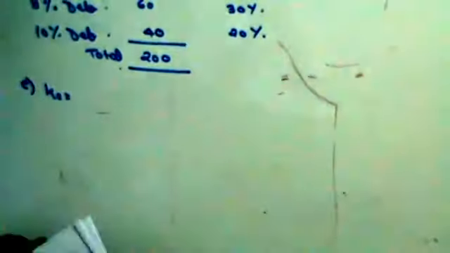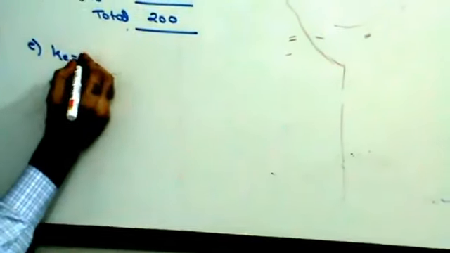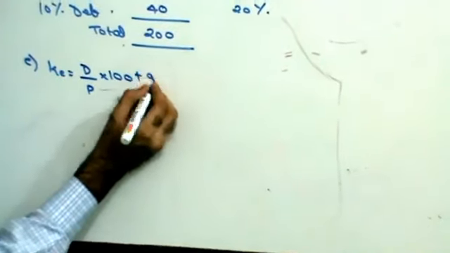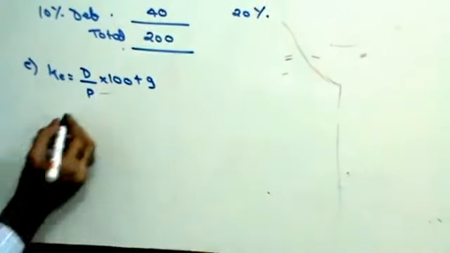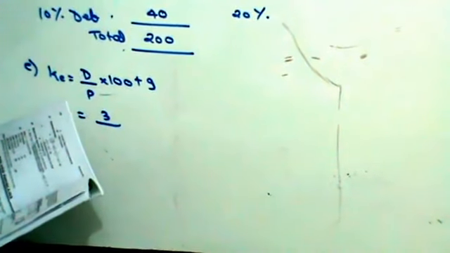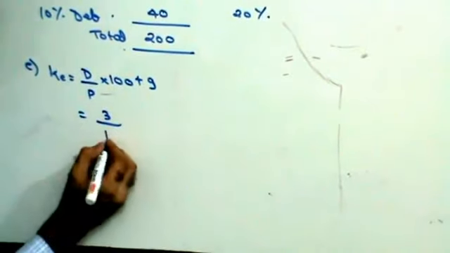Now, let's find out cost of equity. They are saying that this will result in an increase in the expected dividend to rupees 3. Now we know that cost of equity is given by the formula dividend upon market price into 100 plus growth. They are saying that the dividend will become 3 rupees per share. The price will fall to 15 rupees.